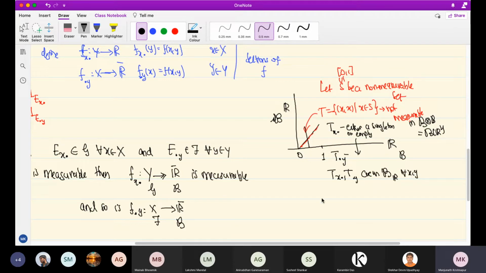All the sections are measurable, but the set is not measurable. This is just to say that the converse statement is not true.